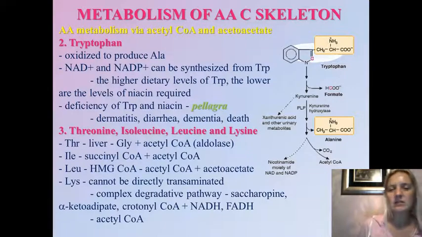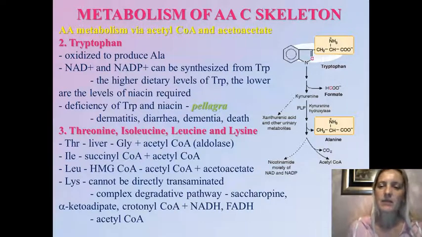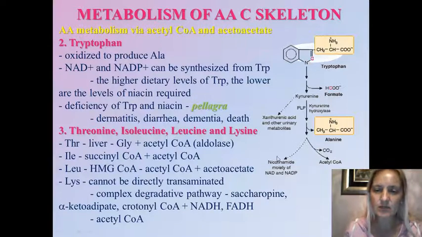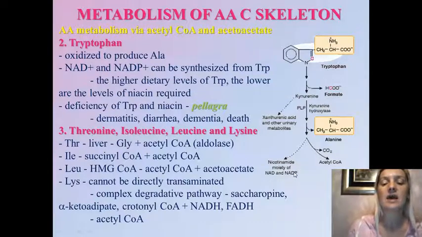And we have a little bit more, just tryptophan. It's oxidized to form alanine, and it can be metabolized, if you can see from the figure, to produce nicotinamide moieties of NAD and NADPH coenzymes. So those coenzymes can be synthesized upon the catabolism of tryptophan.